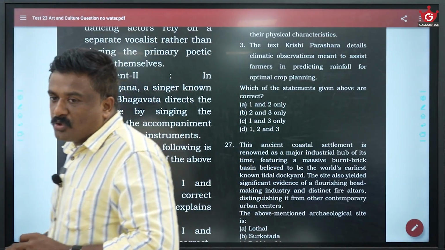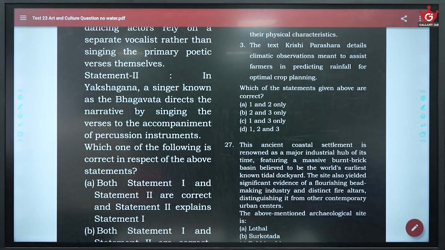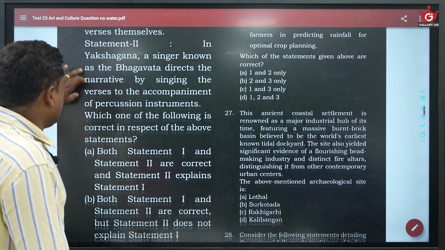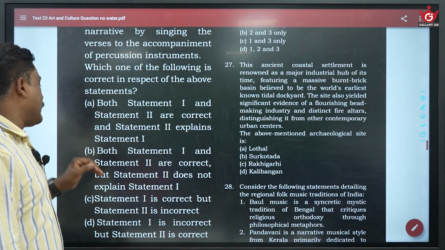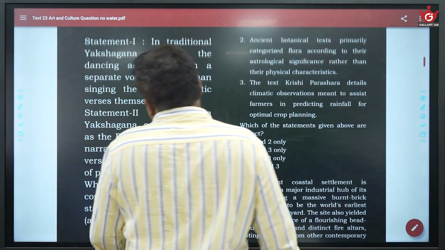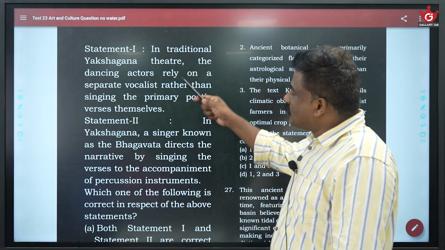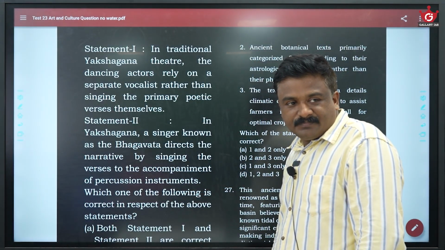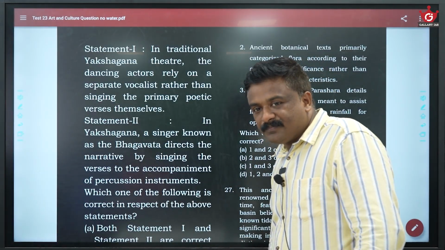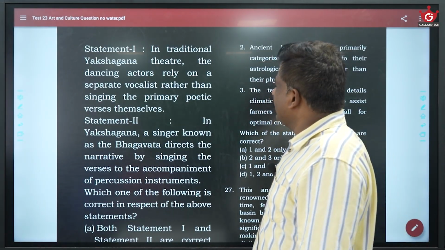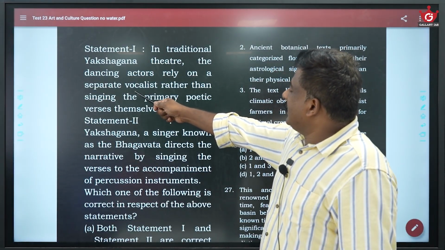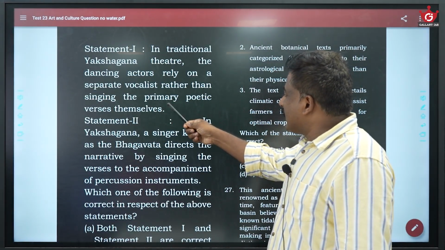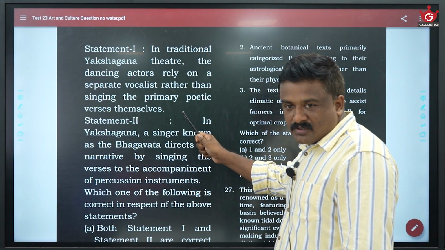See both the statements. Do you think both are correct? Both the statements 1 and 2 are correct, and statement 2 explains statement 1. Do you think statement 2 is an explanation of statement 1? They rely on separate vocalists rather than singing primary poetic verses themselves.